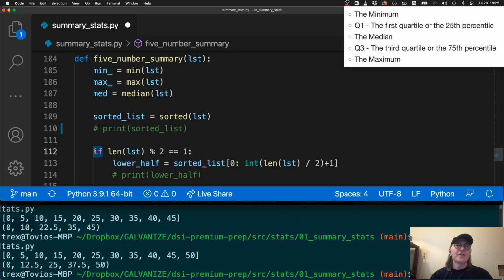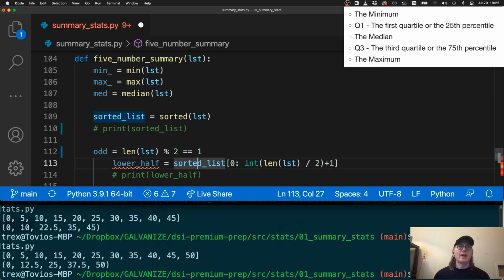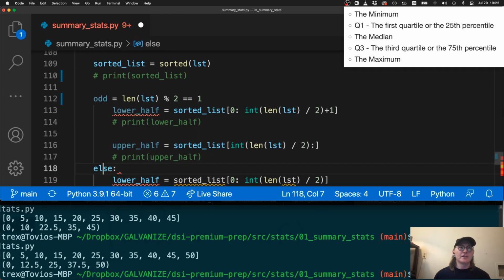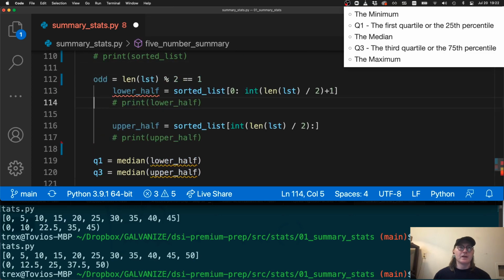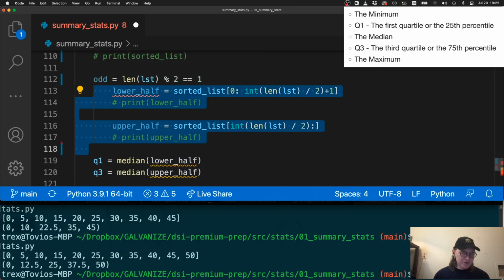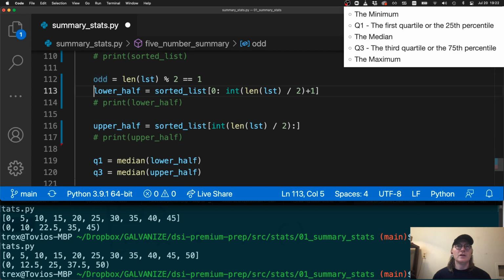Instead of having a conditional, I could say, let's see, this is odd. I'll just call this odd, and I'll make this a statement, and then I can go ahead and eliminate this else and do something that you'll see me do in a few places.